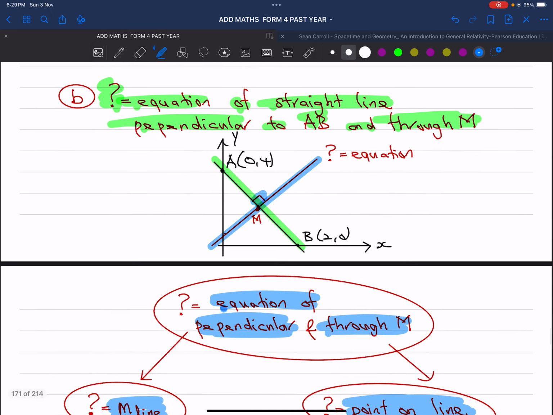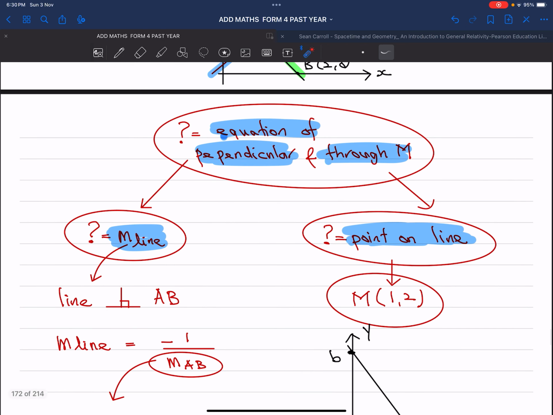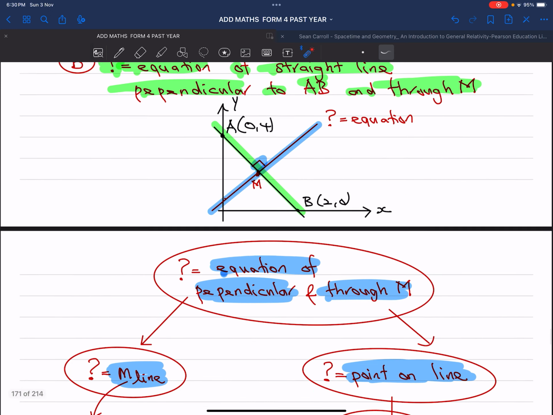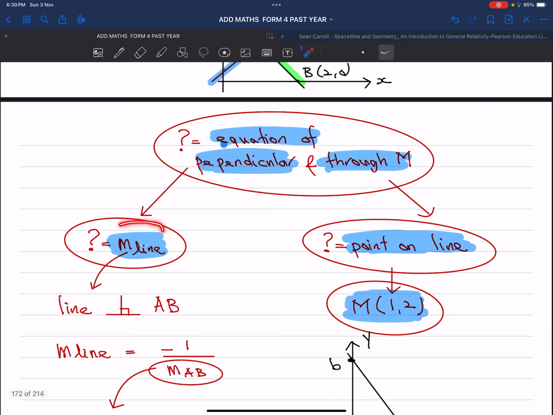In this question, the point on the line is the midpoint, which we have already got from part A, (1, 2). So only the gradient of the line is left to find. And it was given that the line we are looking for is perpendicular to AB.